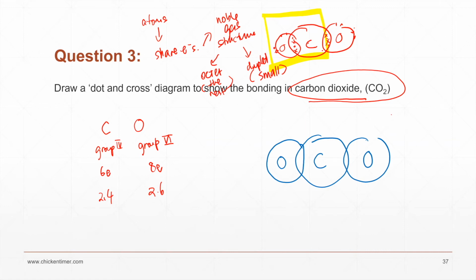But I remember that in the end, after we fill up the electrons, each of the oxygen will have 8 electrons in the outermost shell, and carbon has 8 electrons in the outermost shell. So this one will become 2, 8, and this one becomes 2, 8 also.